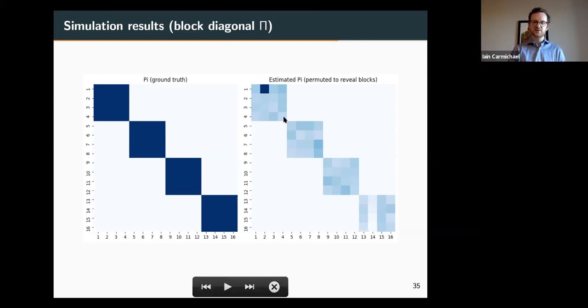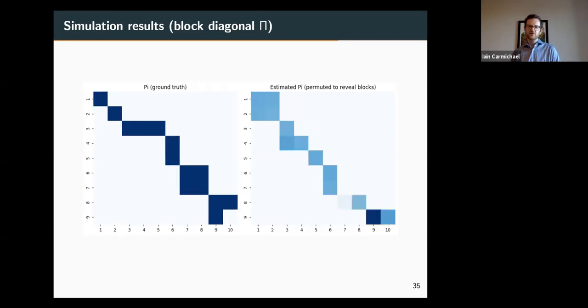The non-zero entries of pi are all the same in the ground truth, and there's a little bit of heterogeneity in the estimated pi. And of course, this estimated pi matrix that I'm showing on the right, we've permuted it to reveal the block diagonal structure. Just to show another example where it isn't perfect.